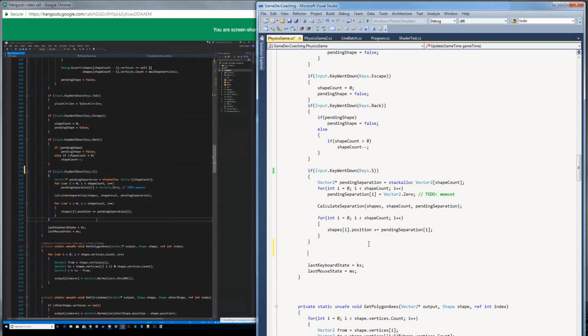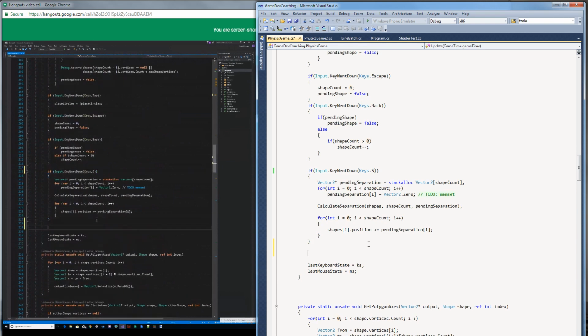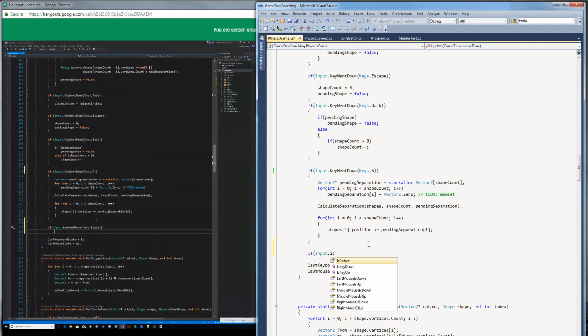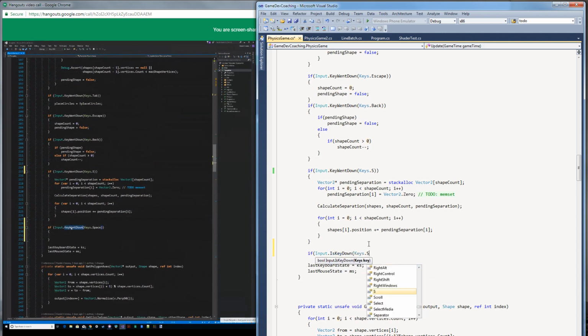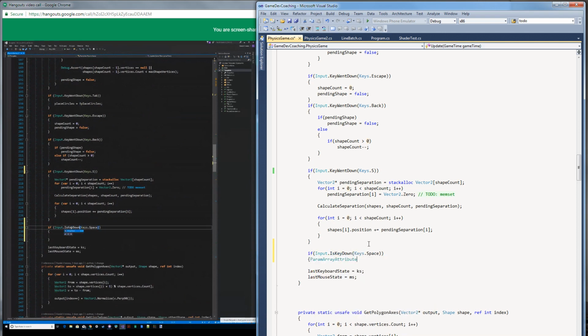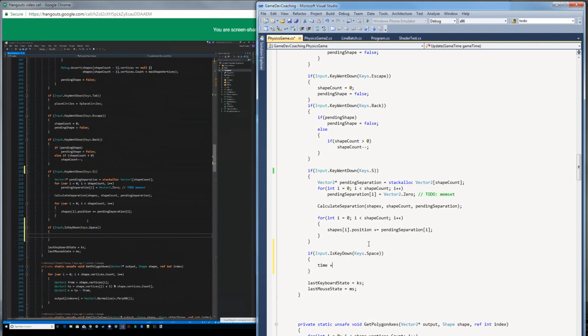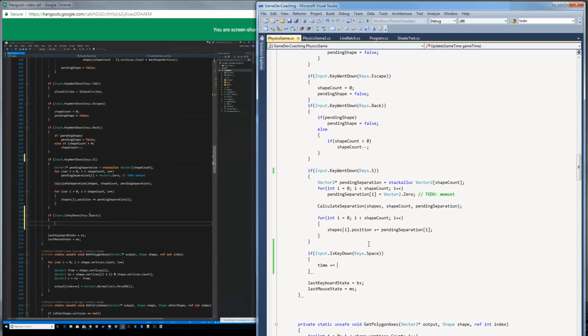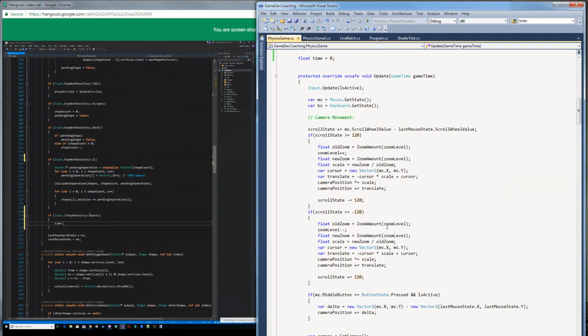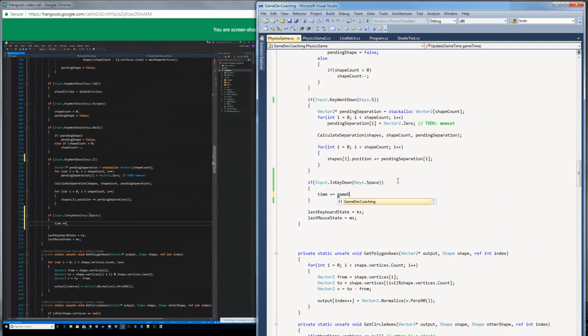And there's method in this madness. So I'm going to say, if input dot key is key down, keys space, time plus equals game time dot elapsed game time dot total seconds.